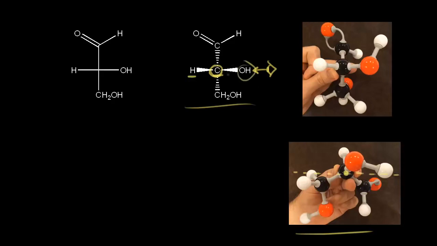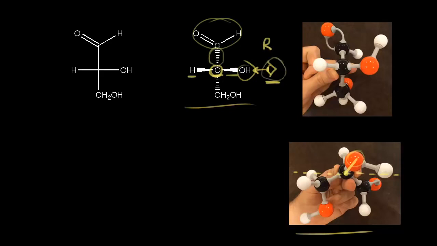The OH, we know, is up in space. There's a wedge here. So when we're looking at it from this perspective, the OH should be up relative to that flat sheet of paper, and we can see it is. This is going up. The aldehyde here would be going down because this is a dash, and this would be your right side if your eye is right here.